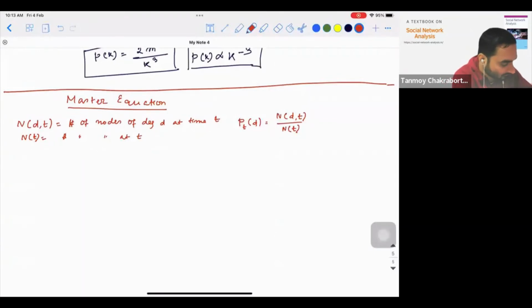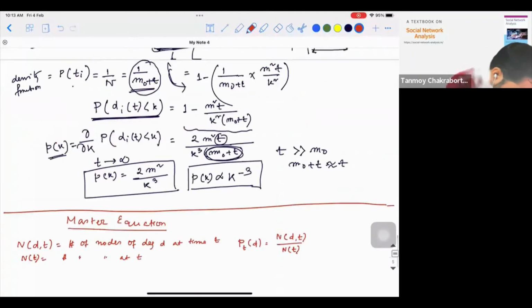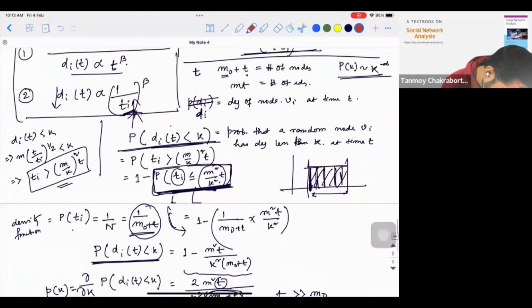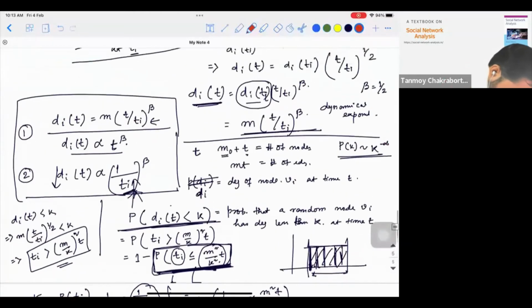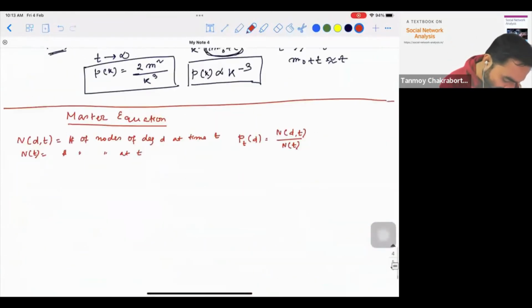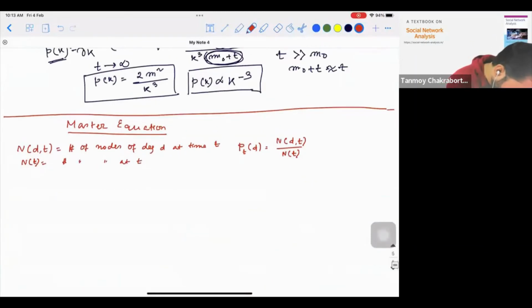So now in the continuum approach, we have seen that P of d_i is d_i by 2mt, right? So in the continuum approach, we represent P of d as d by 2mt. But here we will express P of d in a different way. Okay, let's see.